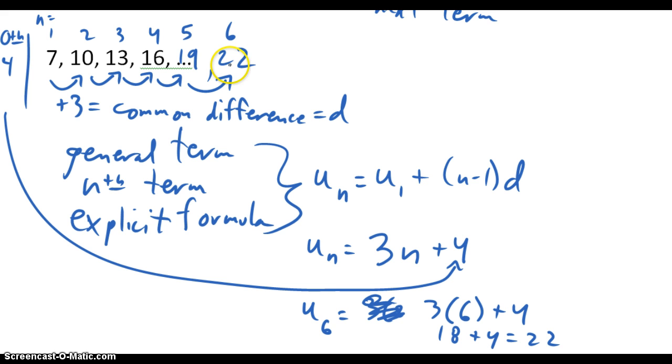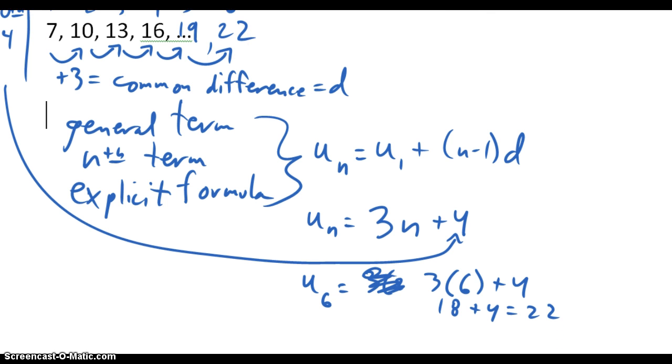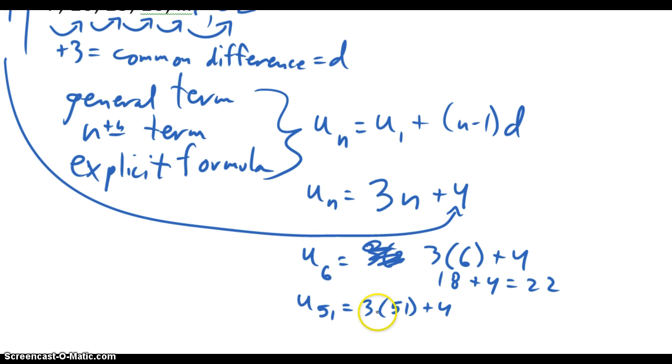You see how that works? So then I could, if I wanted to, find, say, the 51st term, u sub 51. That would be 3 times 51 plus 4, right? That would be 153 plus 4. So that is 157. That would be the 51st term.